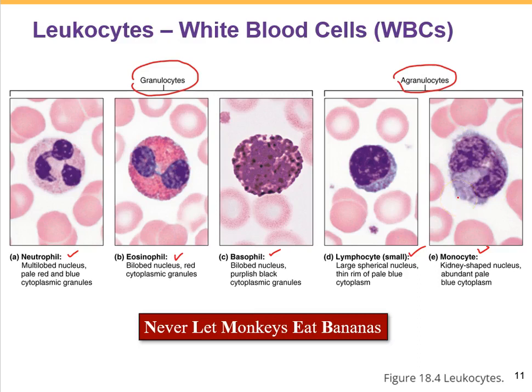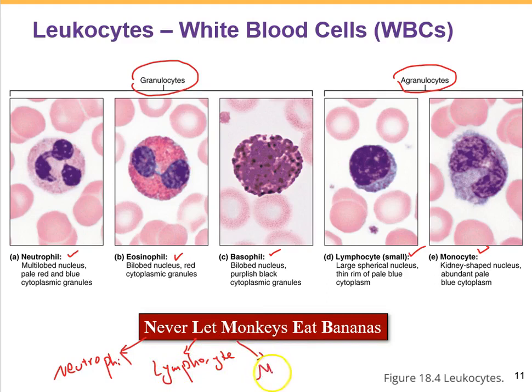There is a mnemonic which says, never let monkeys eat bananas, with which you can learn which white blood cell is the most abundant type and which one is the rare one. N stands for neutrophil, the most abundant type of white blood cell. L stands for lymphocyte; after neutrophils, we have more lymphocytes.